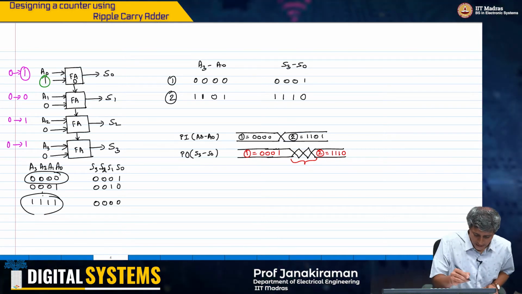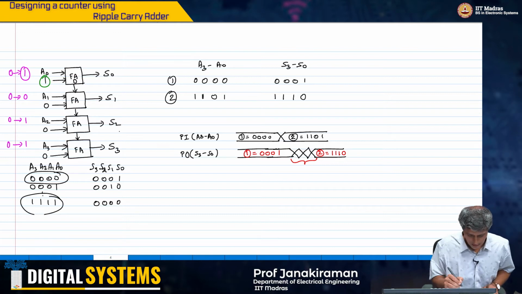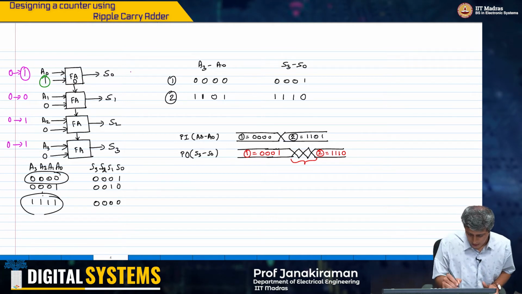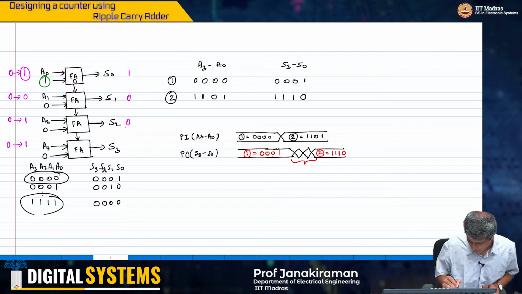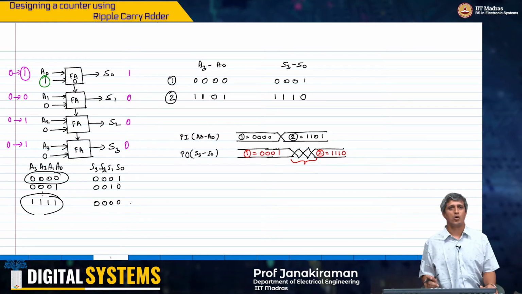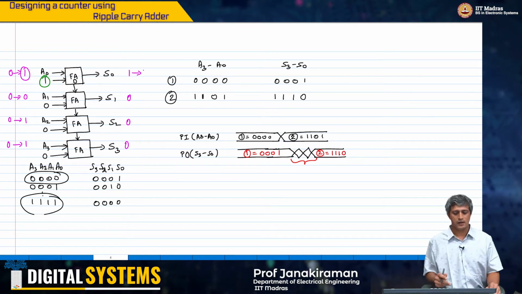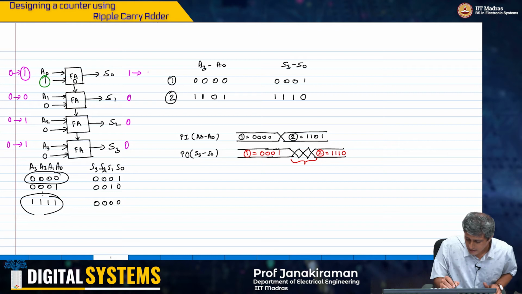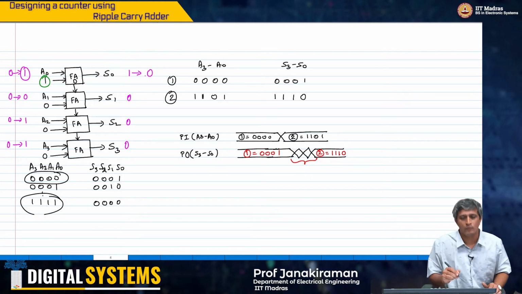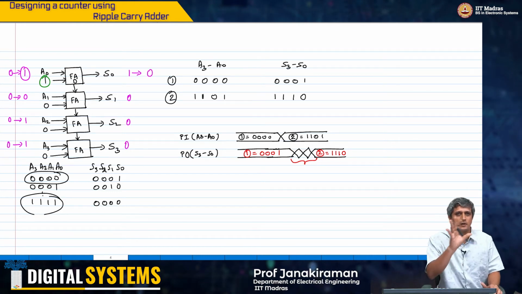So if I look at what was my corresponding output here for S0, S1, it was initially 1 0 0 0, and then this 1 will become its actual value 0, after the first full adder evaluates.